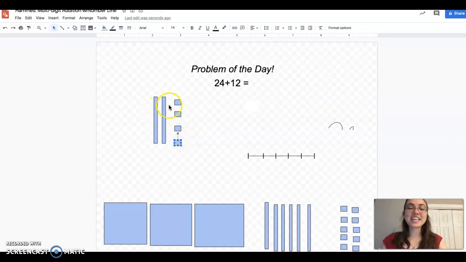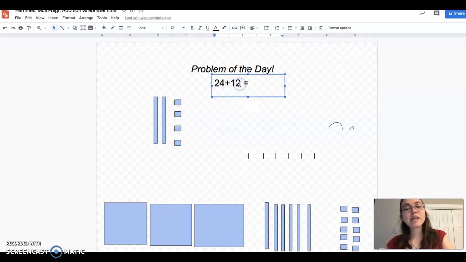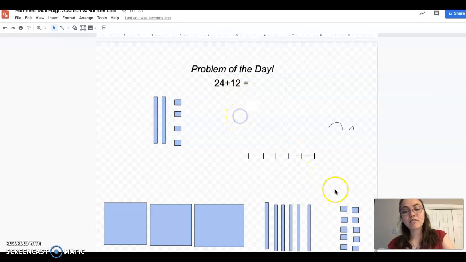Okay, so 24 plus 12. Let's break apart 12. How many ones do we see in 12? Now really, we could have 12 ones, 12 squares, but it would be so much easier to just use a tens rod to represent 10.